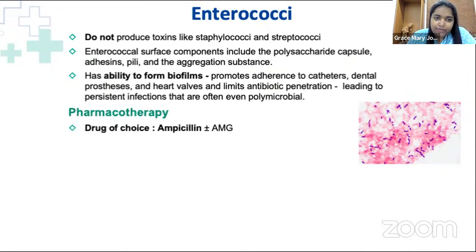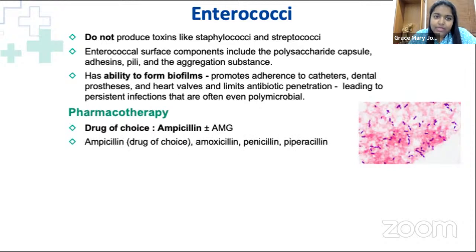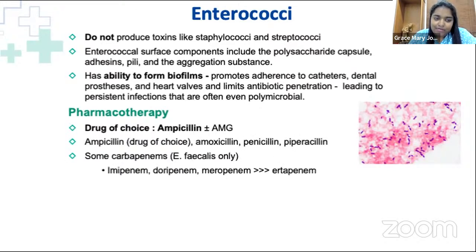Now, the pharmacotherapy. Usually the drug of choice for Enterococci is ampicillin. This is something you should have in your mind. And if it's a serious infection like endocarditis, you give it along with an aminoglycoside. The other choices are mentioned here. Even carbapenems are sensitive against faecalis, not faecium.